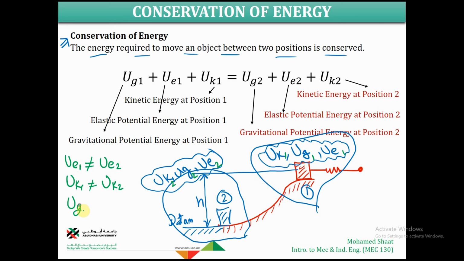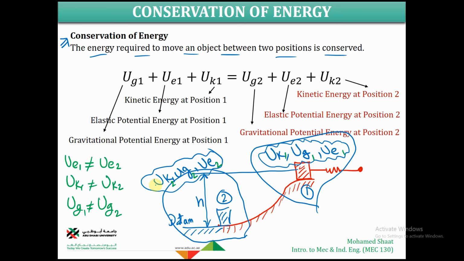The same thing is applicable for the gravitational potential energy at position 1. In many cases, it will not be equal to the gravitational potential energy at position 2. They may be equal or they may be different, but as I mentioned, in many cases they are going to be different. But there is a relation: the sum of the three energies should equal the sum of the other three energies.